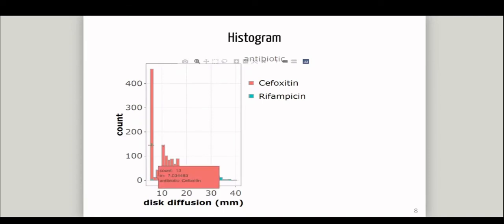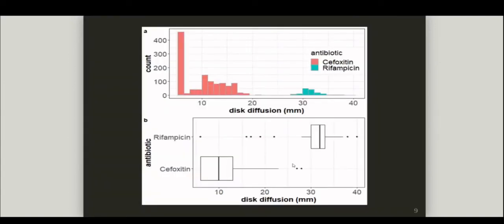For example, the second bin contains only 13 observations and it has only observations up to 7 millimeters. So these two types of graphs or plots, the box plot and the histogram, are very important when describing numeric data. Both of them provide very valuable information to help us understand our data.